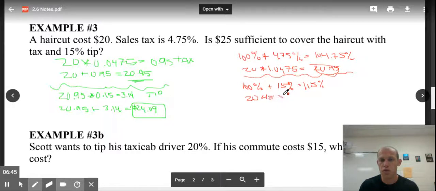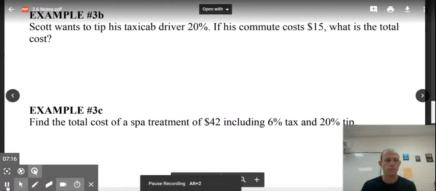So I put it down here and I multiply it by 115%, which will give me $24.09. If you were to combine all the percents at once, you would not get an accurate answer because you would be taking 15% of this 20, which you do not want to do. So you must split it up.